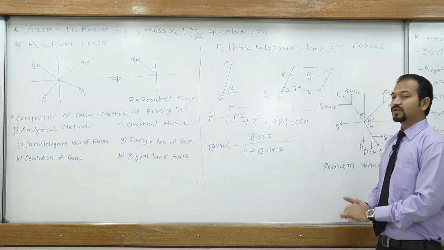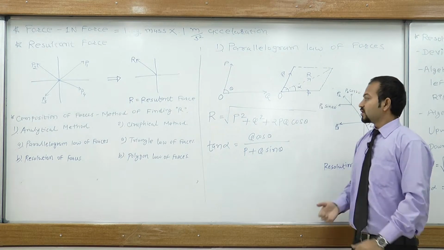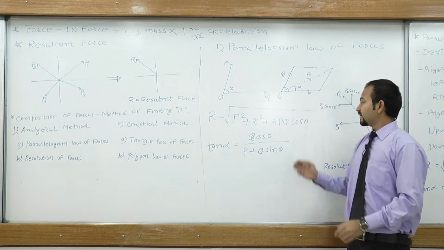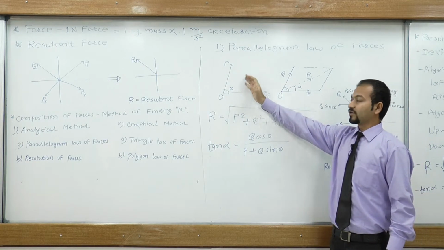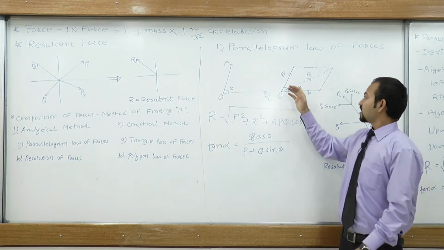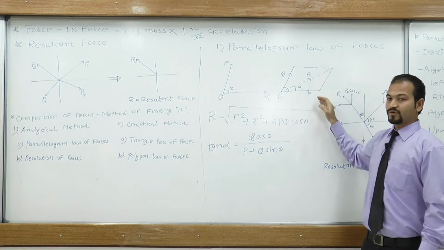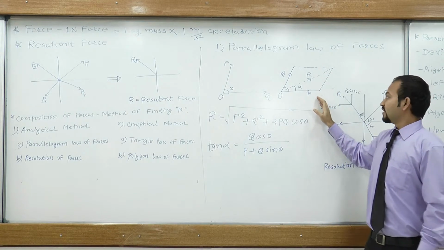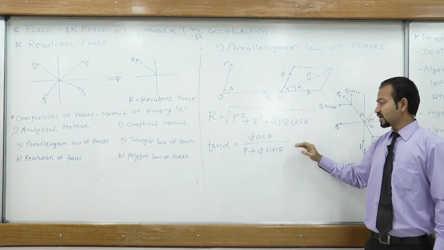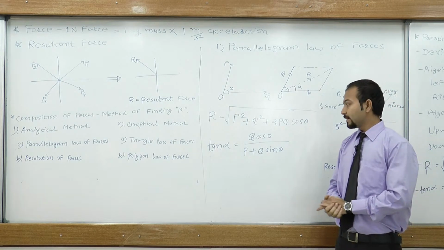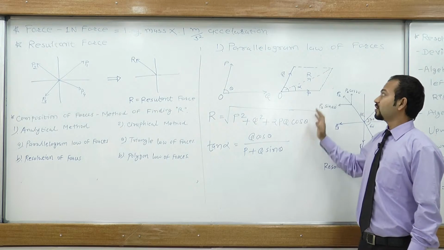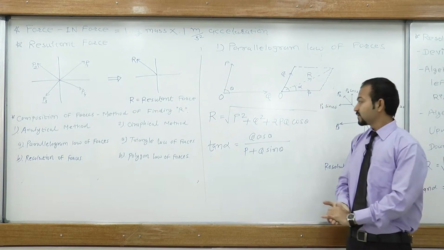The formula to find the resultant force is R equal to under root P square plus Q square plus 2PQ cos theta, where theta is the angle between the two forces P and Q. If alpha is the angle between the resultant force and force P, we use the formula tan alpha equal to Q sin theta upon P plus Q cos theta. We get this equation by proving the parallelogram law of forces.